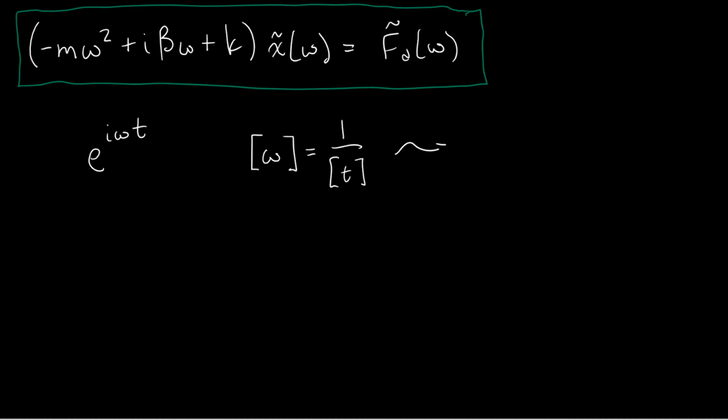And this, 1/seconds, this is what we typically call a frequency. Just looking at units, right? If I have something which is like 1/seconds, this is typically called a hertz. But this is a frequency.